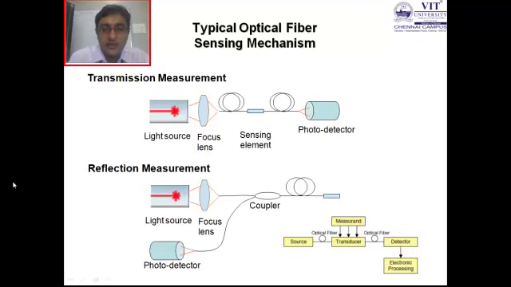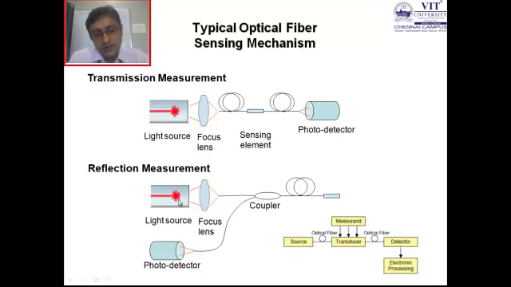Now here there are two kinds of measurements, a transmission measurement and a reflection measurement. In a transmission measurement, light travels through the fiber and reaches the detector. That is, a whole communication channel is being established: a source, a channel, and a detector. For a reflective measurement, you don't have the photodetector on the other side of the sensor. You have it on the same side as your source.